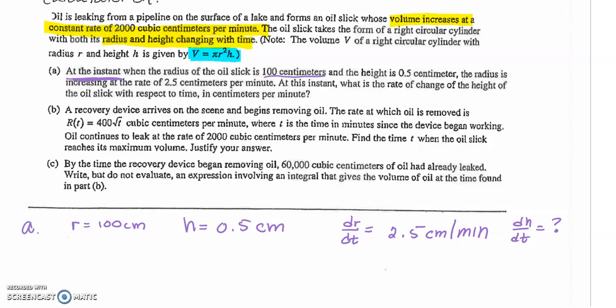You need to ask yourself, will the radius change, and will the height change in the next moment? We need to decide if they will remain constant or if they will change as time changes. We need to make that decision beforehand. So pause the video and think about that.